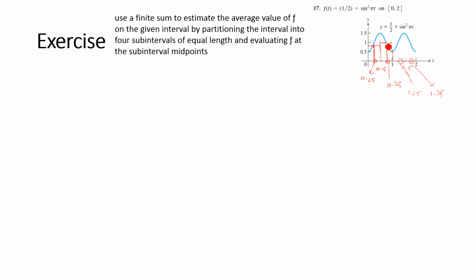Okay, so this is our second rectangle, right? This is the first rectangle. Let me make them bold so that you can identify the rectangles. So this is the rectangle in the second interval. Okay, now the third interval. So the midpoint is somewhere here. So our height is somewhere like this, and our rectangle is going to be in this interval.